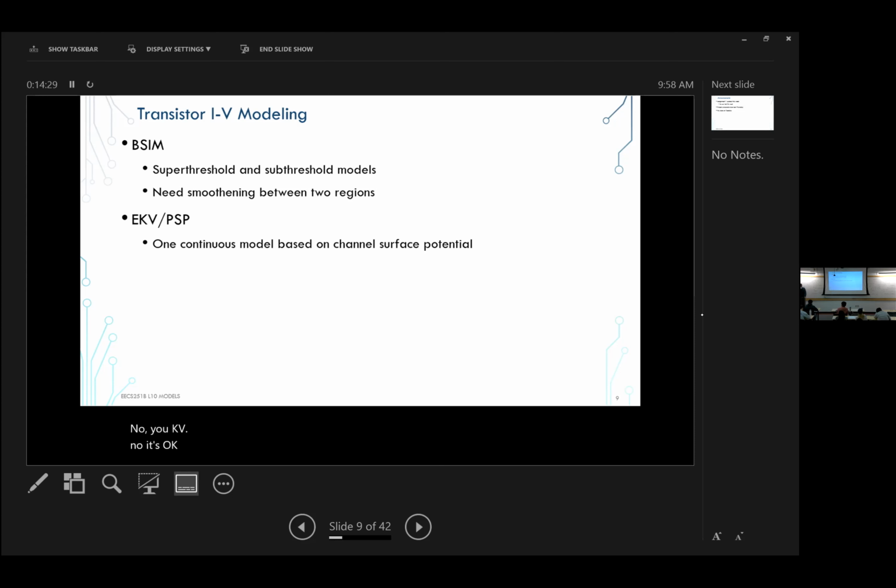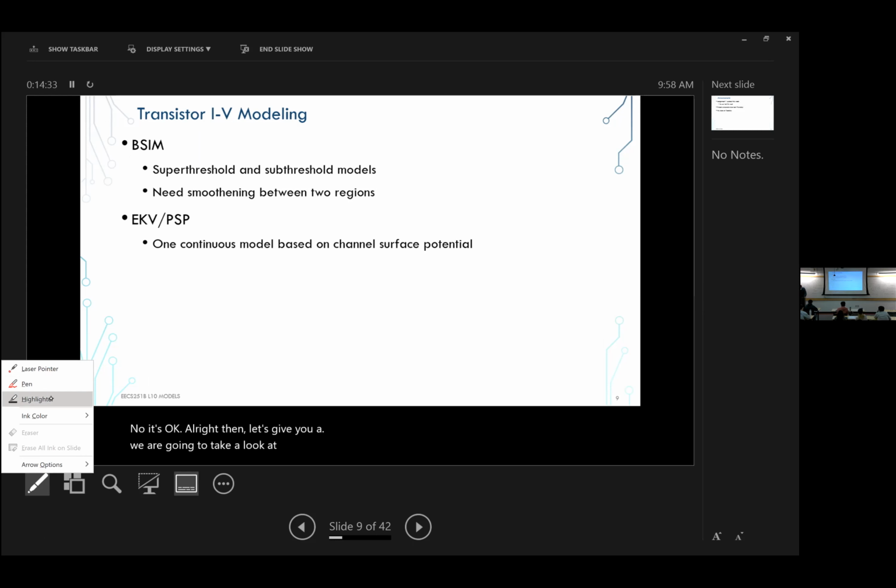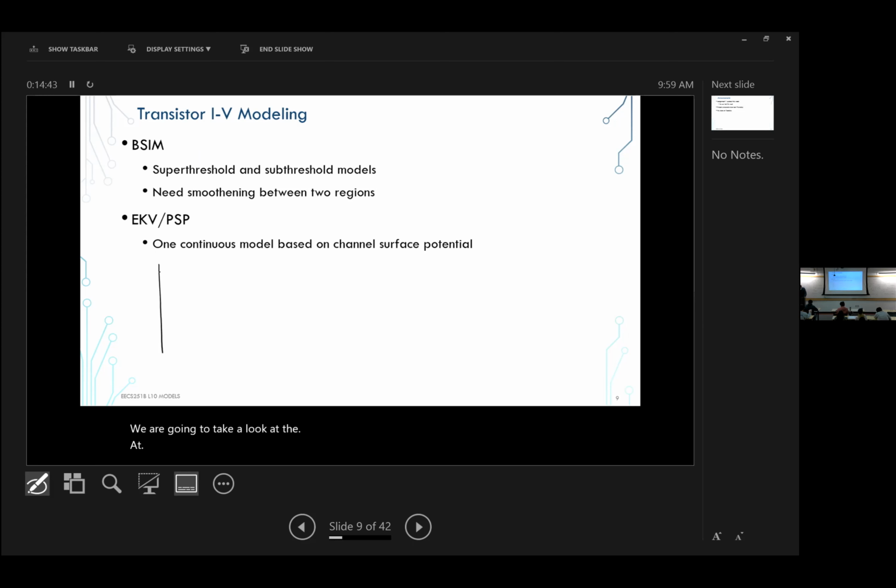All right, and then we are going to take a look at this. If I plot log ID versus VGS, remember how that looks? It looks something like this.